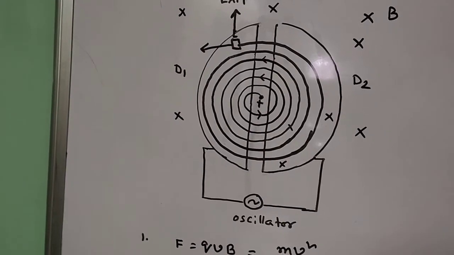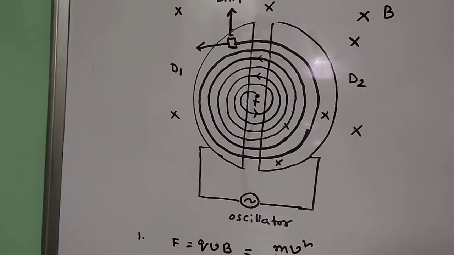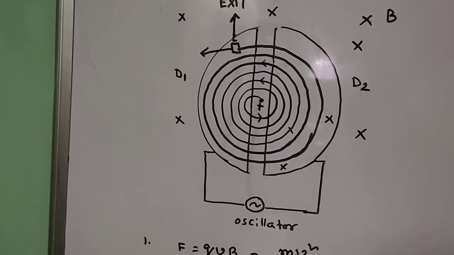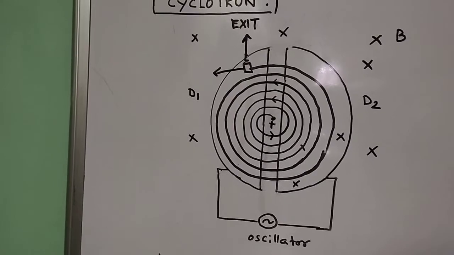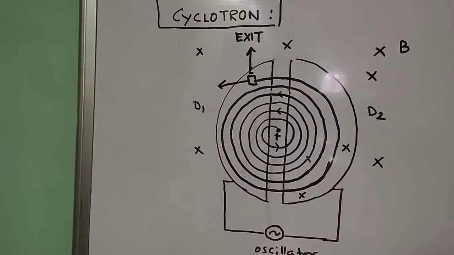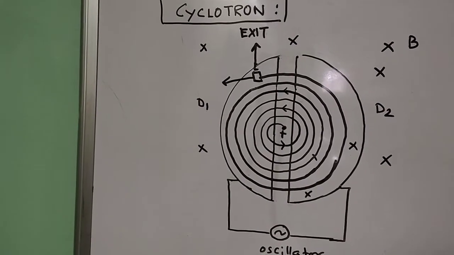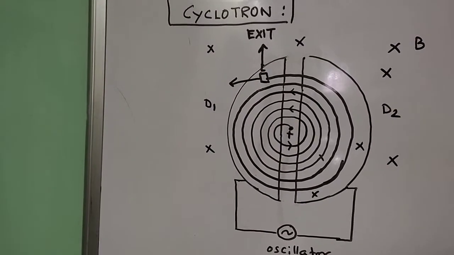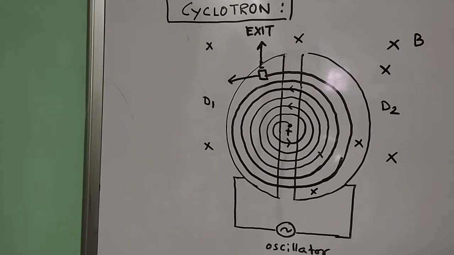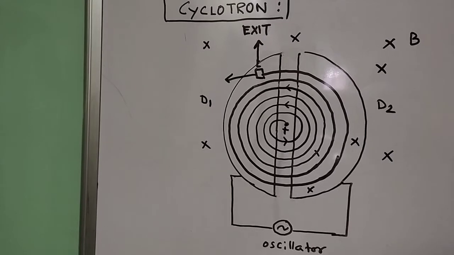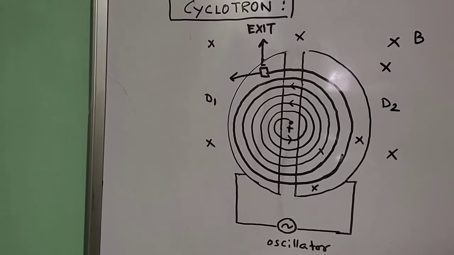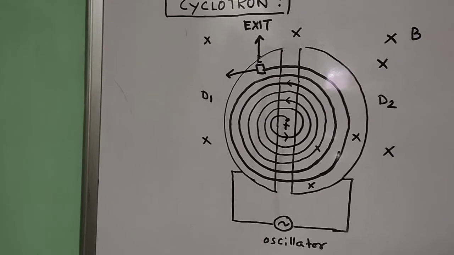In this way, every time the charged particle gets pulled and moves with higher energy, and finally when the energy is sufficient, we can take the charged particle out through the exit port. When it comes out, a target must be there on which the charged particle will strike. If a nucleus is there, the charged particle will strike the nucleus, and possible nuclear reactions we can study.